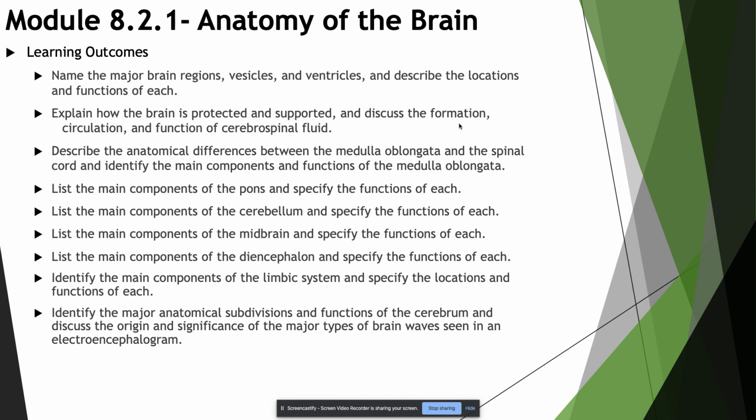Remember that the rest of this module is just going to be further information about what the overview was for Module 8.1. So in this one and the following ones, you're going to see some information that we've already talked about. So you may not need to listen to this whole thing because 8.2.1, 8.2.2, and 8.3 are going to be significantly more detailed than 8.1 was, which is going to mean a longer video and a longer PowerPoint.